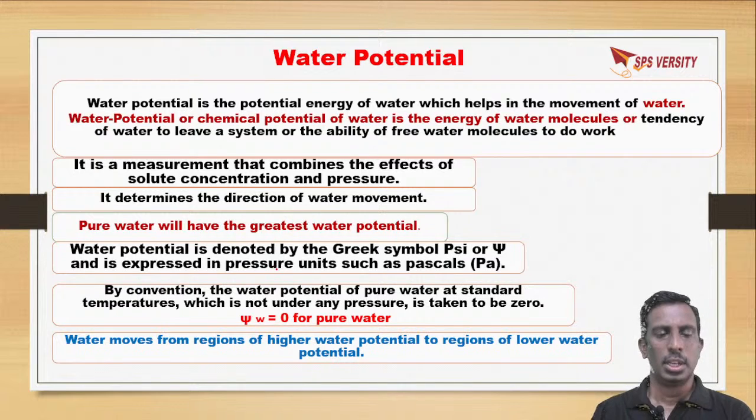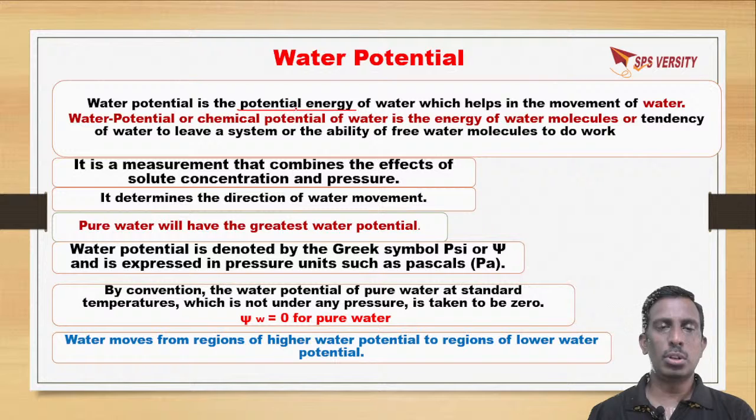So here we get a new term, that is water potential. What is this water potential? Water potential means in water there is an energy, that is potential energy, which helps in the movement of water.